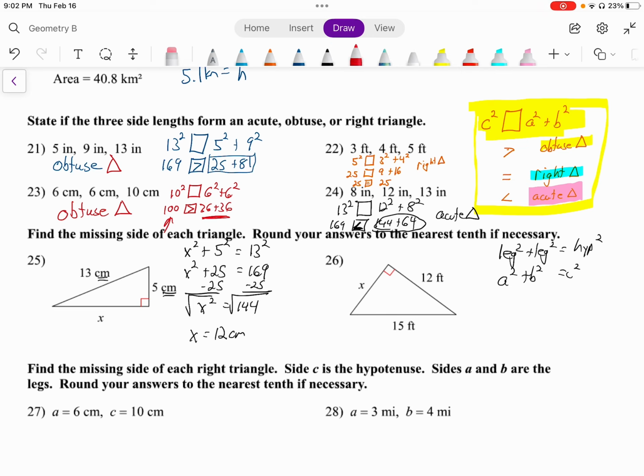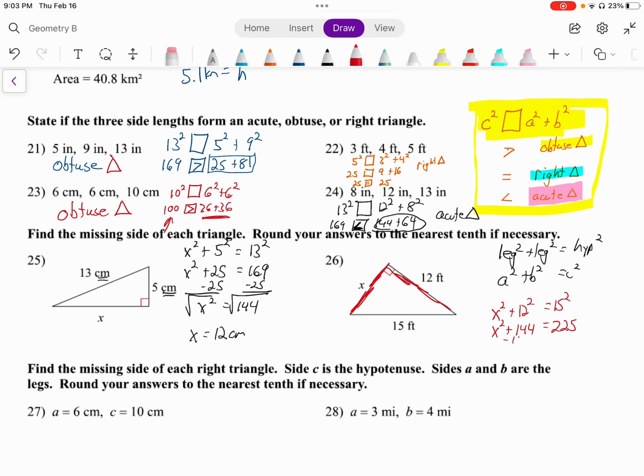Number 26. Our legs are the ones that form the right angle. So we have leg squared plus leg squared equals hypotenuse squared. And then once again, we just simplify and solve. 12 squared is 144. 15 squared is 15 times 15, that's 225.